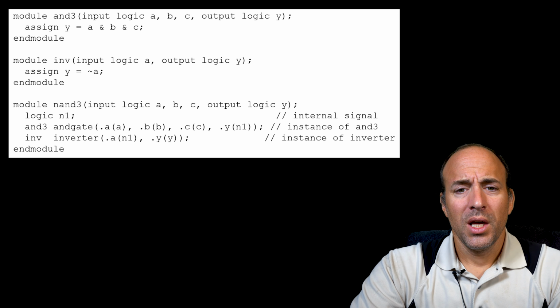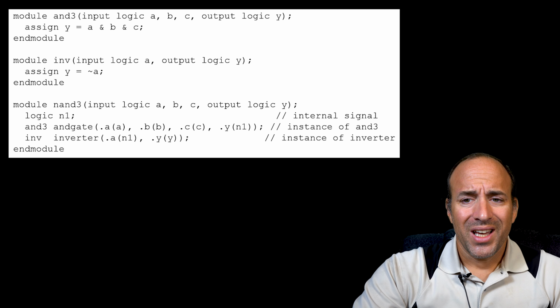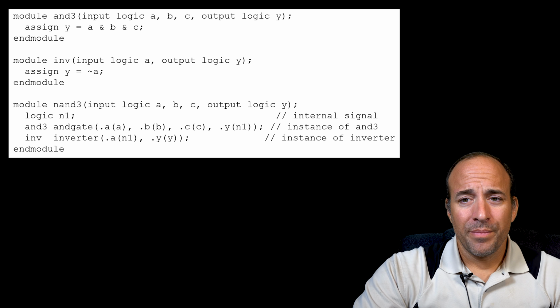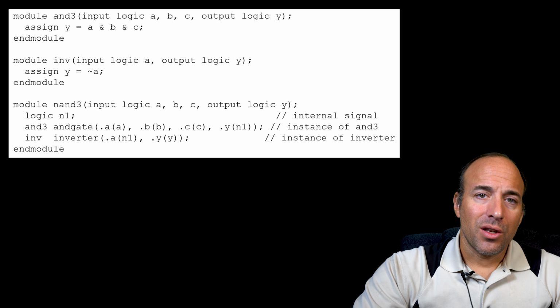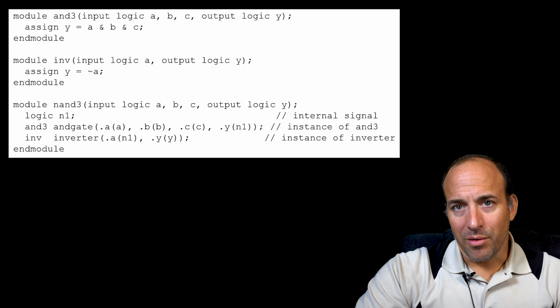Here's a slightly more complex example involving three modules: and3, INV, which is short for inverter, and NAND3. NAND3 is the top-level design because it contains one instance of both of the other modules.